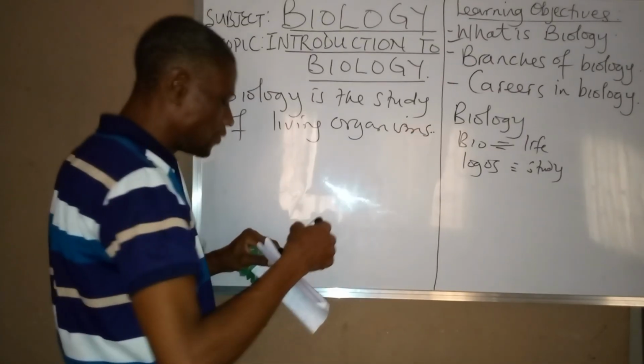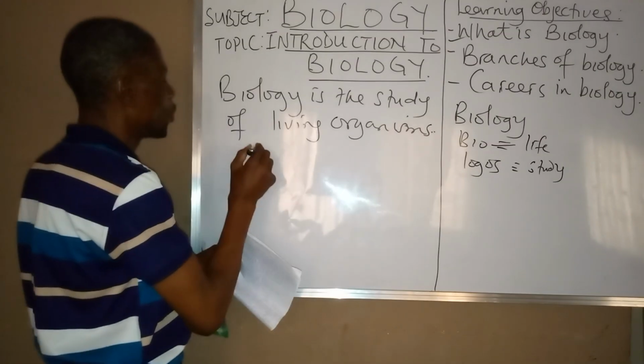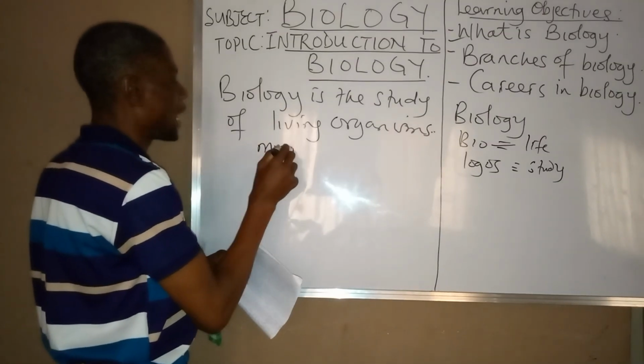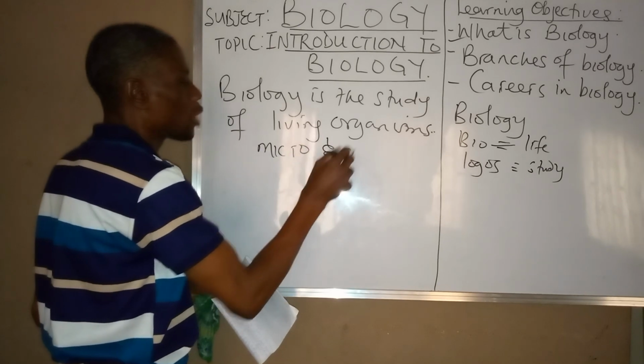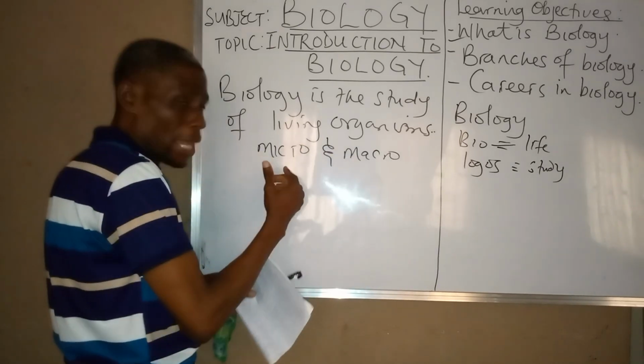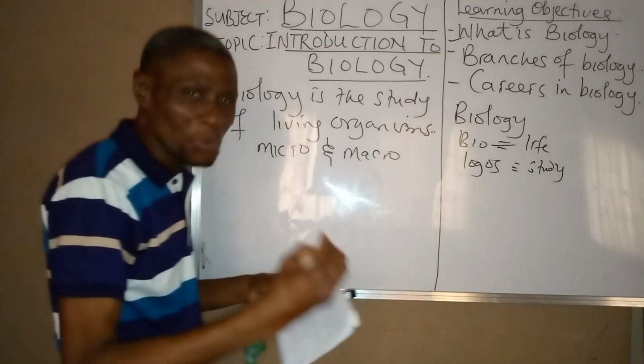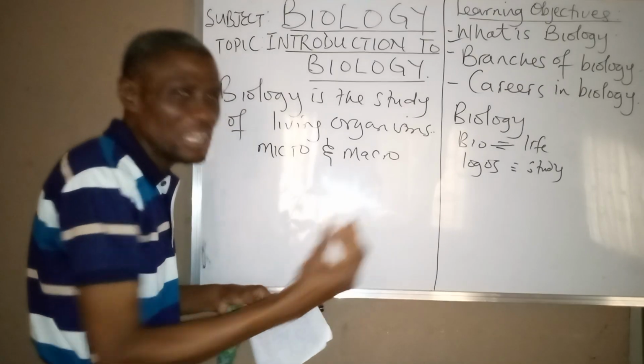When you say study of living organisms, it is at different levels, both at micro and macro. So biology studies living organisms at micro level and at macro level. When we say micro, micro has to do with the smallest.